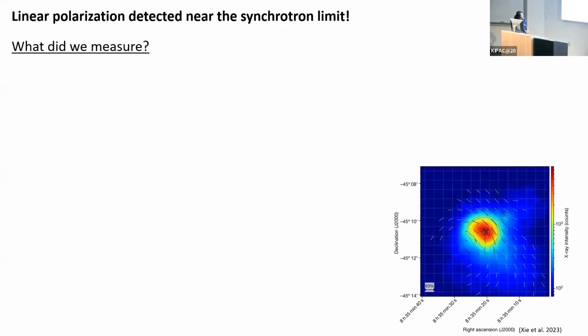Yeah. So what we're seeing here is that the white lines are the radio polarization vectors, and they do not overlap with the X-ray region.